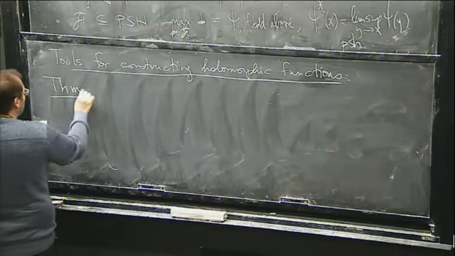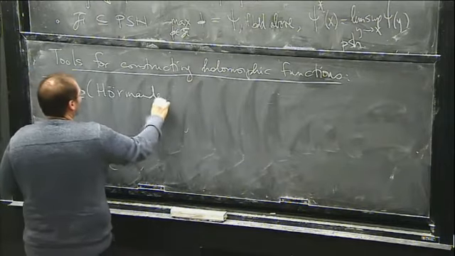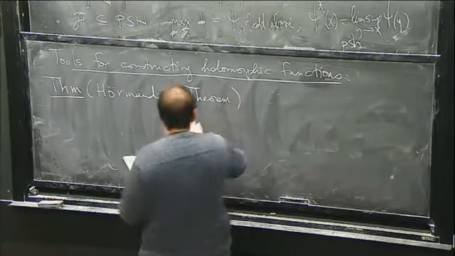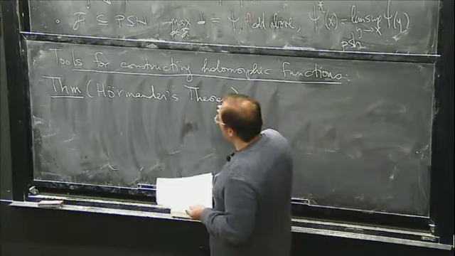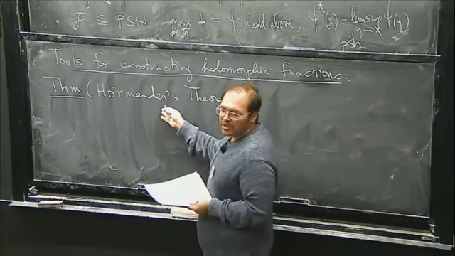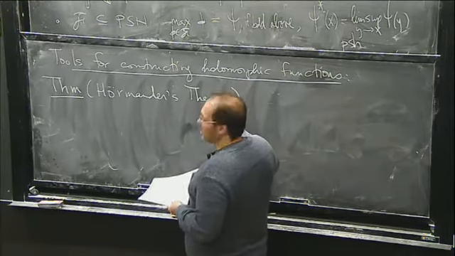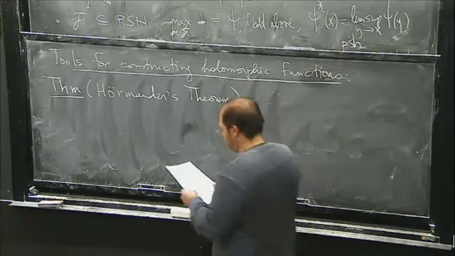I'm going to call this Hörmander's theorem, because morally, this is Hörmander's theorem, but it wasn't just proved by Hörmander, it was proved simultaneously by Andreotti and Vesentini. And the statement I'm going to put here is due to Skoda.